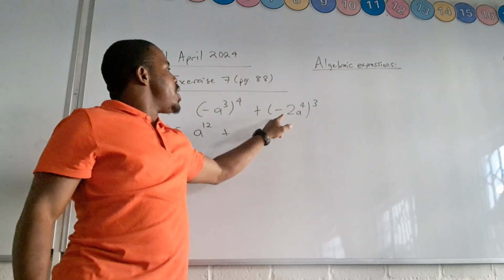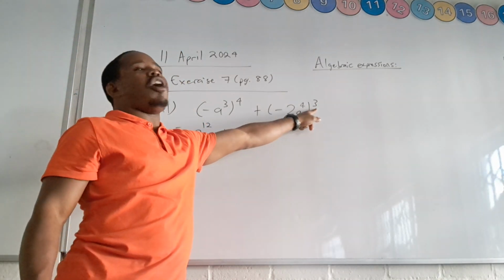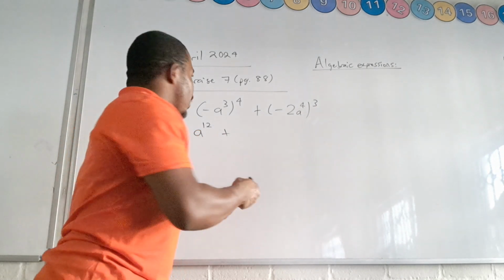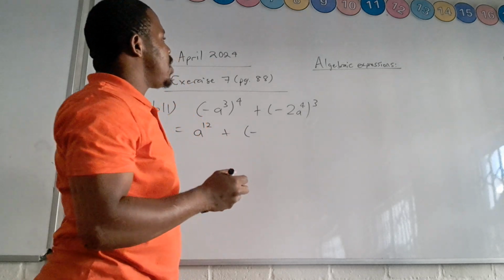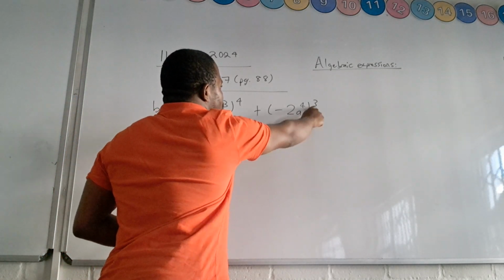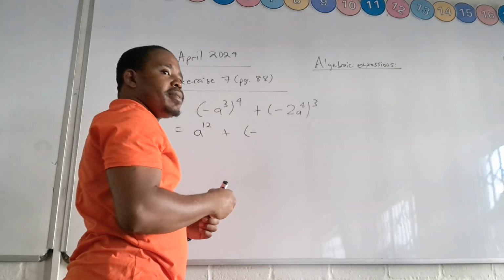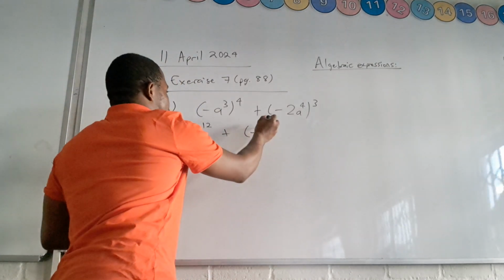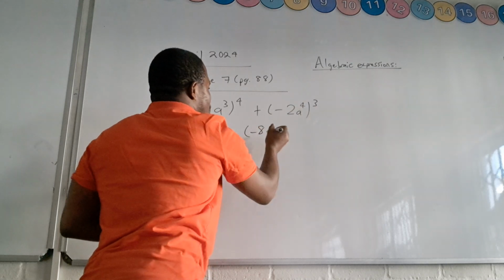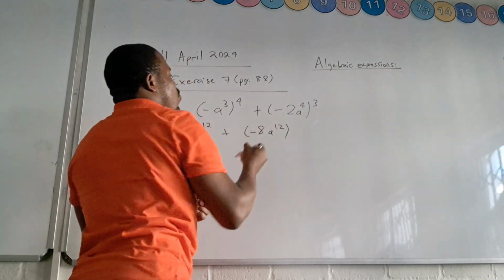Now this one, a negative number is raised to an odd exponent. So that means the overall answer becomes negative. Then negative 2 to the power of 3 is actually negative 8. Then a to the power of 4 times 3, which is a to the power of 12.